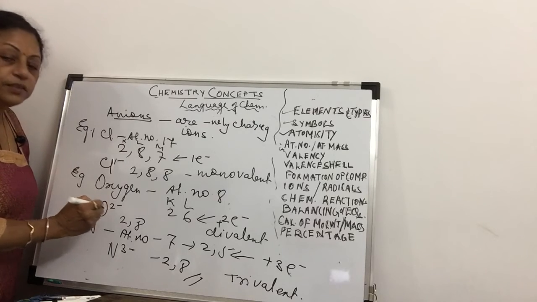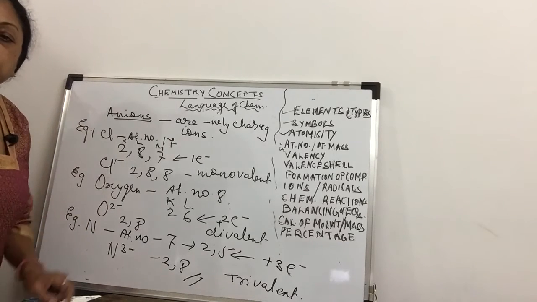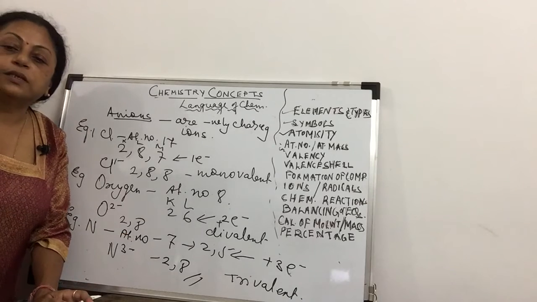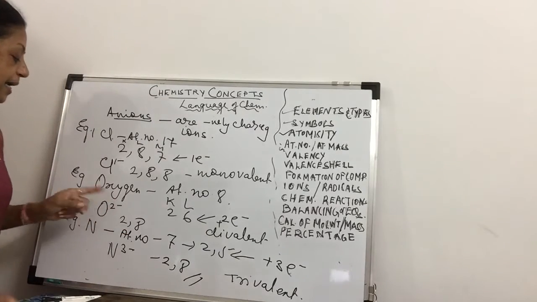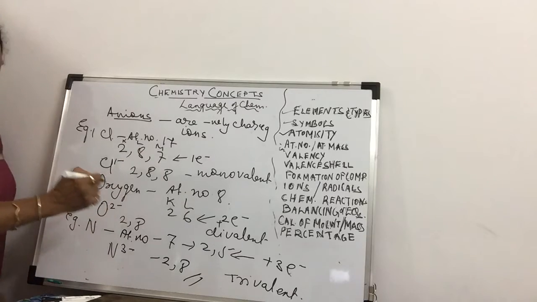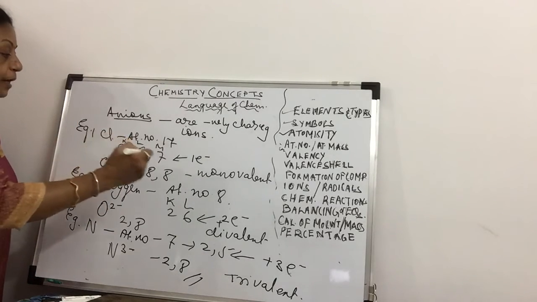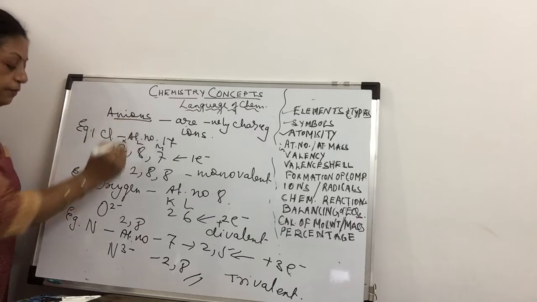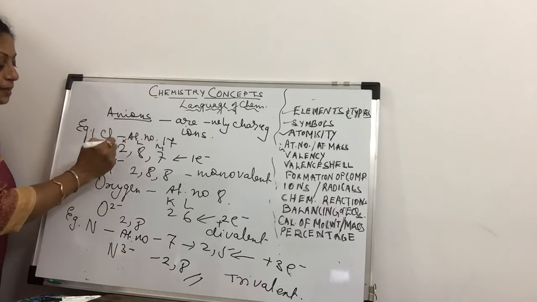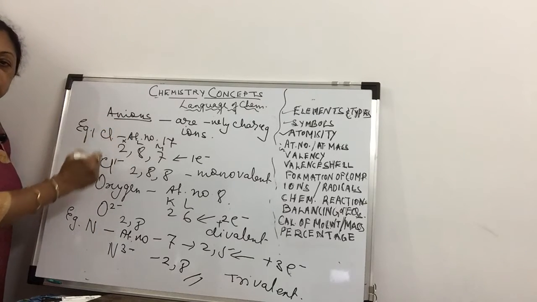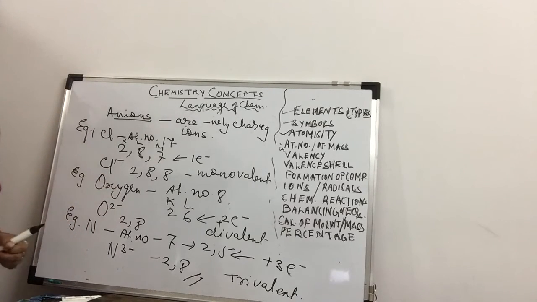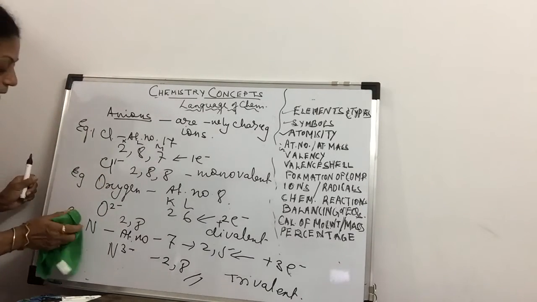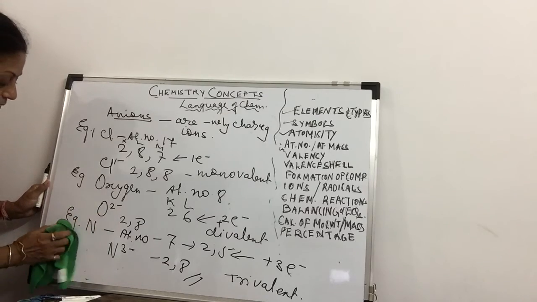This gaining of electrons is due to their capacity to complete their last shell with 8 electrons. And this negative charge, in the process of electrolysis, which I'll teach you in the electrolysis chapter, will make these negatively charged ions go to the anode. I think you have understood this.